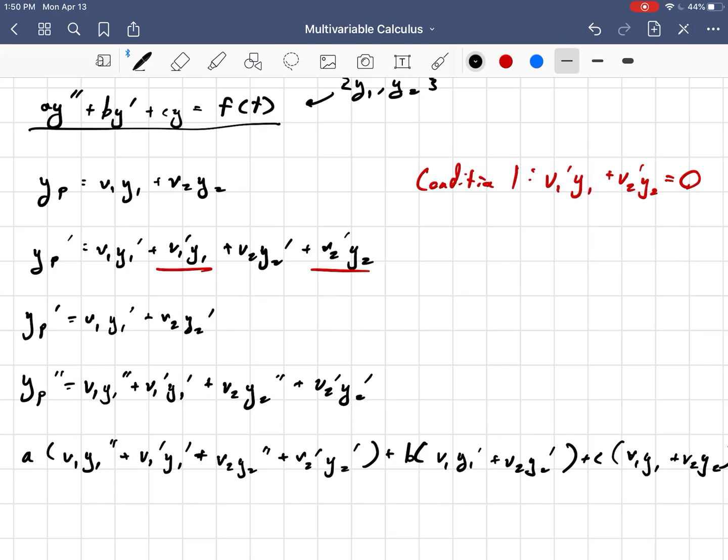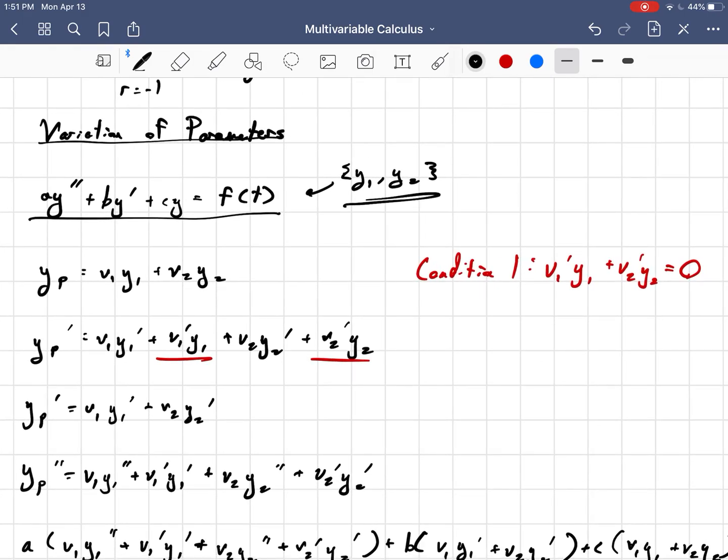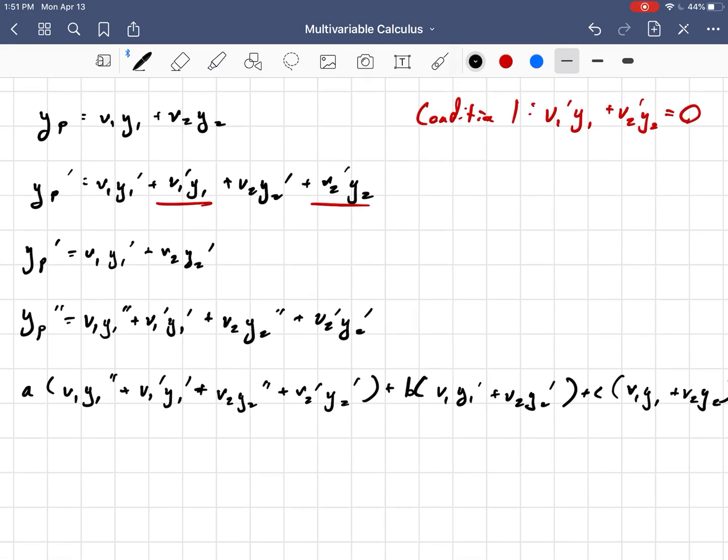So, how can we clean this up? I want to mess with stuff algebraically so that I can get some zeros in here. In other words, I want some ay sub 1 double prime plus by sub 1 prime plus cy sub 1, because that's going to be equal to 0 because we assumed it to be so up here.